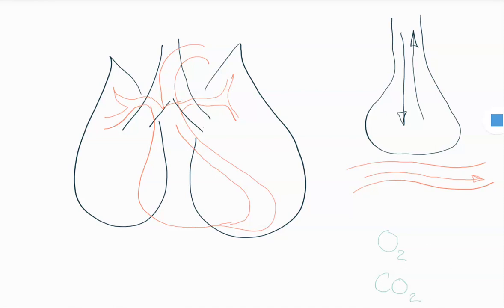When this blood with high CO2 levels reaches the alveoli, because it's so soluble, it rapidly exchanges with the alveoli, passing through the membrane to the area of low CO2 tension, which is the alveolar sac, and then that CO2 is removed through the process of respiration. So the exhale carries the CO2 out with it, therefore maintaining a gradient between the high CO2 in the pulmonary capillary and the low CO2 in the alveolus.